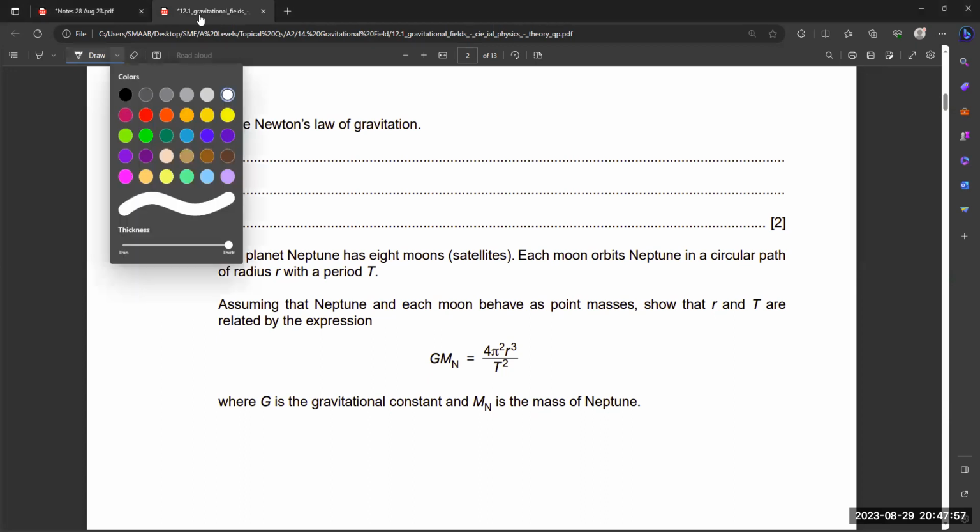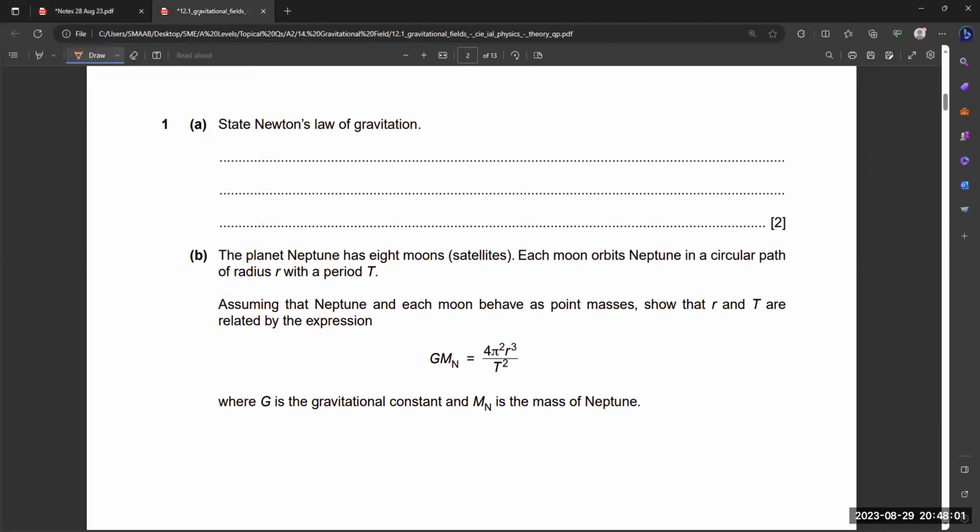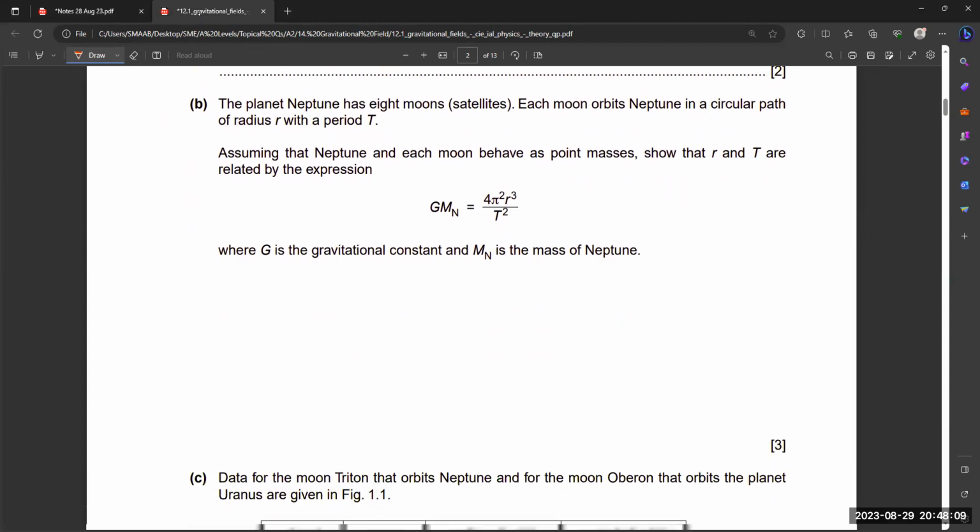Okay. So in the first question, you just need to write the definition. We already know about that, so we are not going to write that again, right? And you can see this time the definition is for 2 marks.